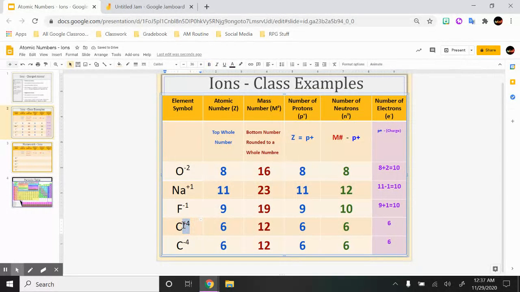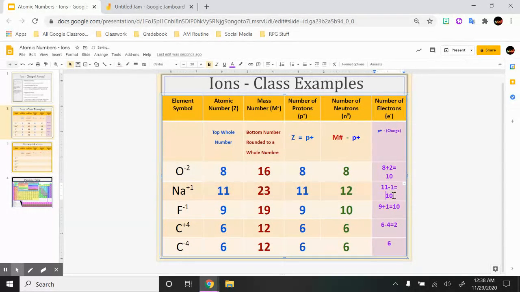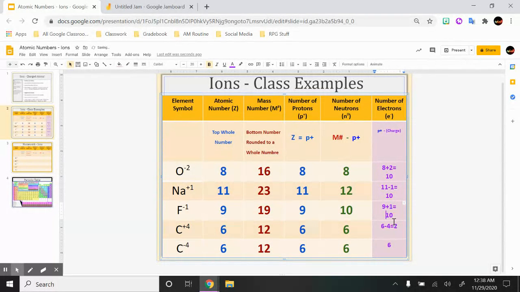Here I have plus 4. So that means I lost 4 electrons. So I'm going to subtract 4 from my number of electrons over here to get my new value. Okay. And for my last one here, I had negative 4. So I'm going to add 4 to this. I gained 4 electrons, and I got 10.